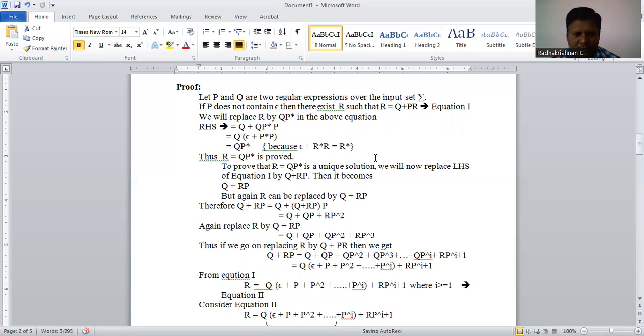So automatically Q open bracket epsilon plus P star P is replaced by QP star. This has the solution, so from the right hand side we have taken it out.